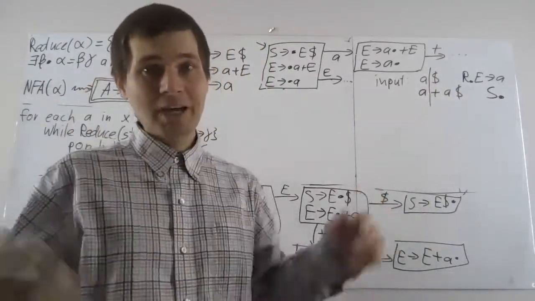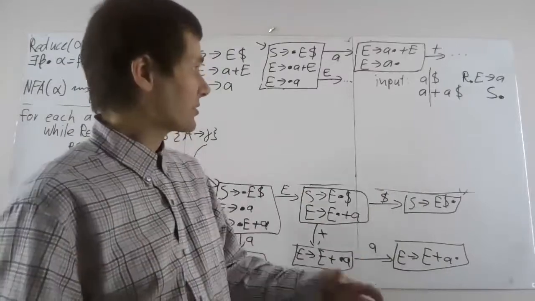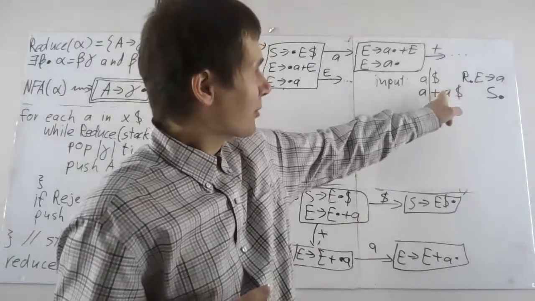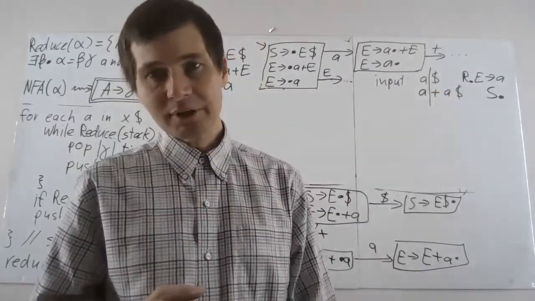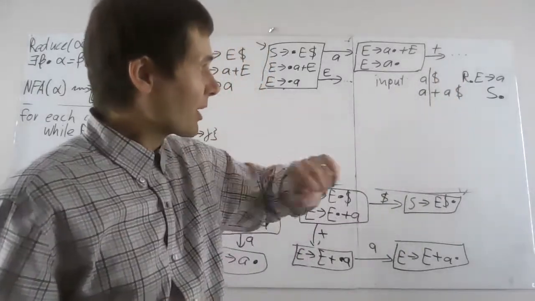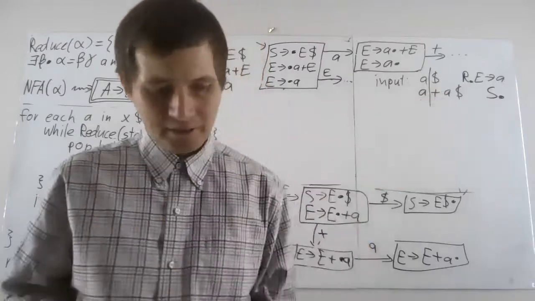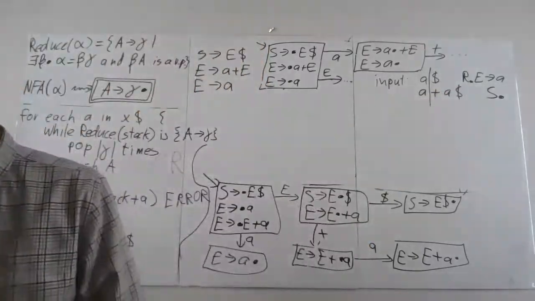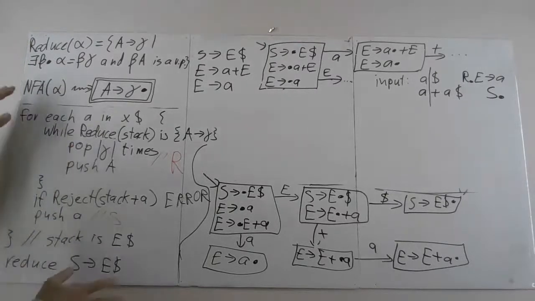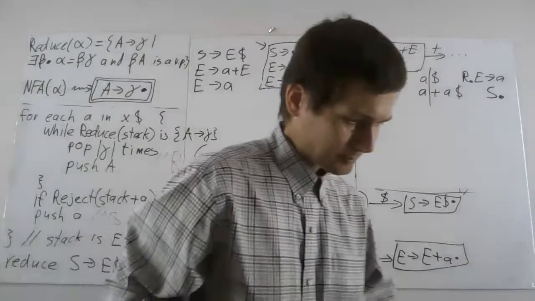So it can't make a decision, right? It doesn't know what to do. But if you could look at one more symbol of the input, then you could tell these two inputs apart, right? You look at one more symbol, it's either a $ or a plus, and then you'll be able to tell them apart. Okay, so this is the LR0 parsing algorithm.